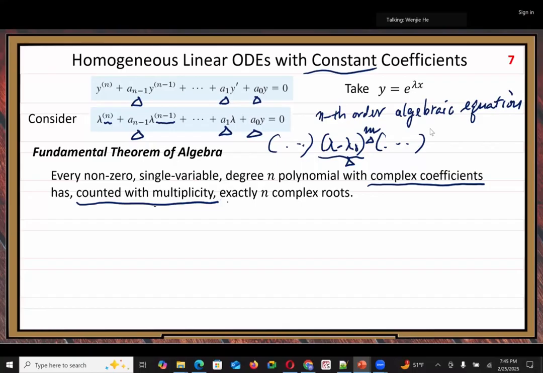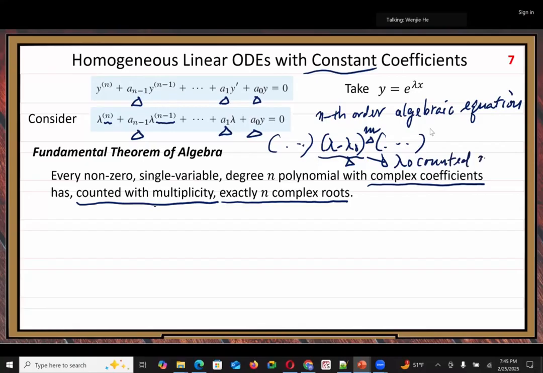When you count the roots, you count lambda 0 m times.